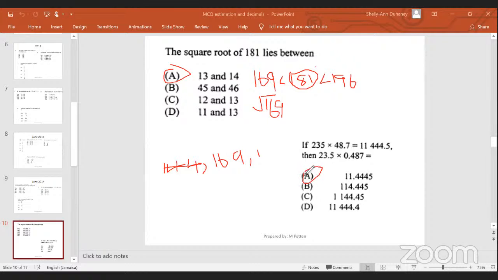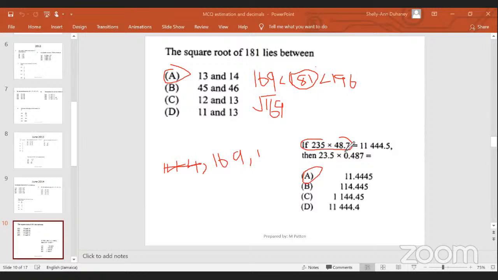But let me show you something. If 235 times 48.7 is equal to 11,445.5, how many decimal places do we have here when you multiply? One decimal place. If I work this out without the decimal, I would get 114445.